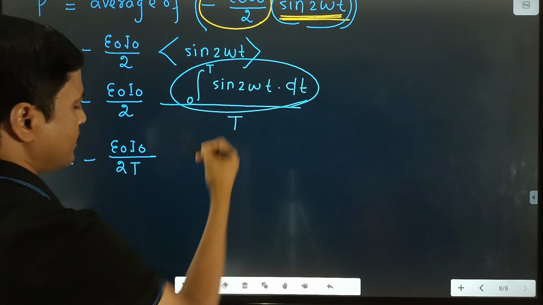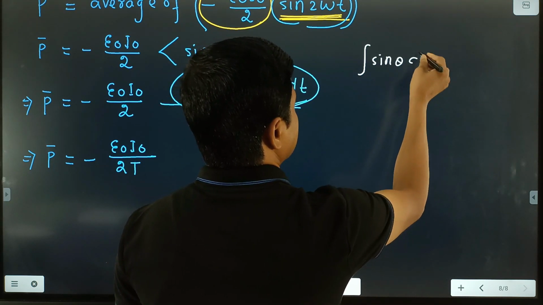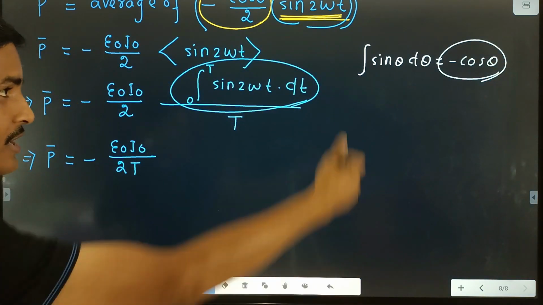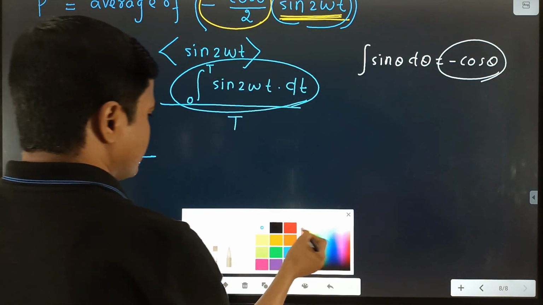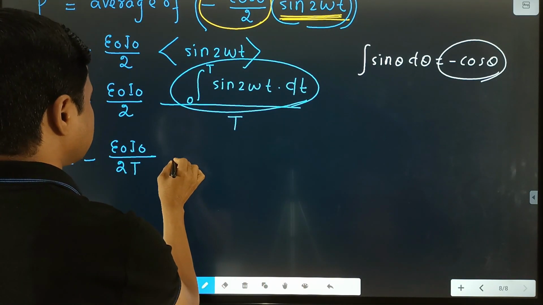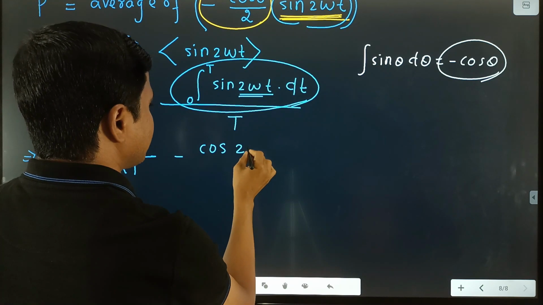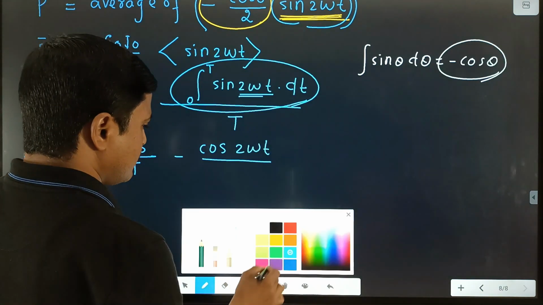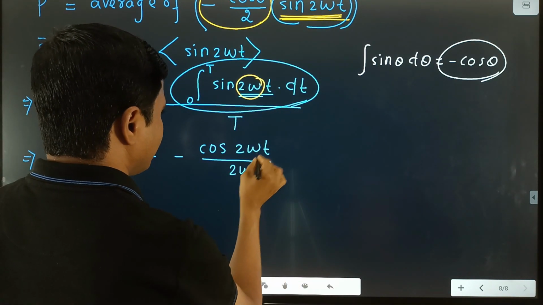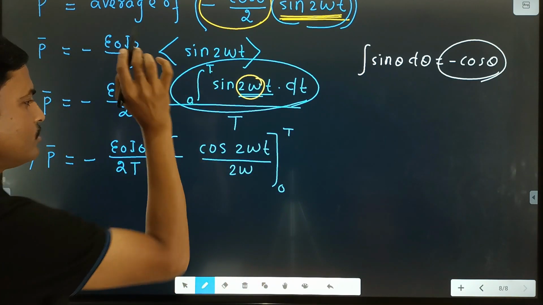integration of this one. And you know the formula for integration: integration of sine theta d theta is equal to minus of cos theta. You know this formula, and we put it here. In place of integration of sine 2 omega t, we write minus of cos of twice omega t, divided by 2 omega, which is the extra term, varying from 0 to t.